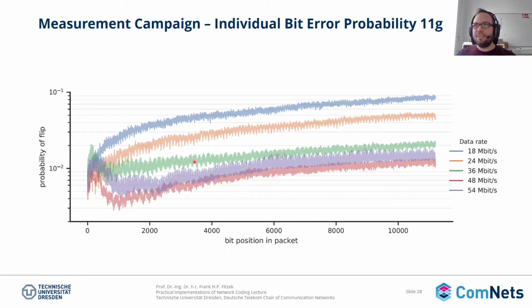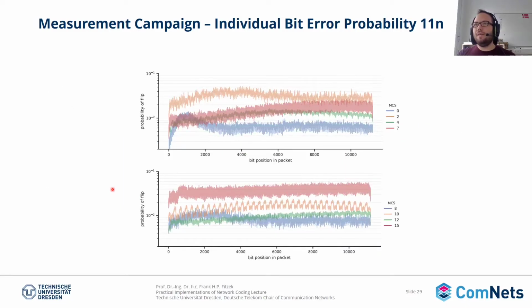So we were expecting a straight line, and it's interesting that that was not the case. What we saw is that the last bits of the packet are more likely to be erroneous than the initial bits of a packet. That is very interesting. This is for 11G, and the values for 11N look like this.